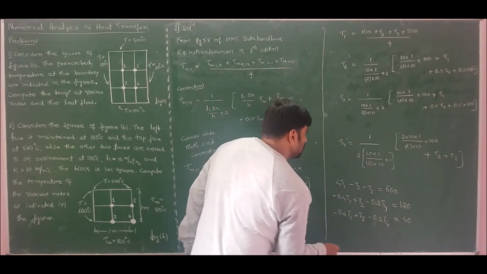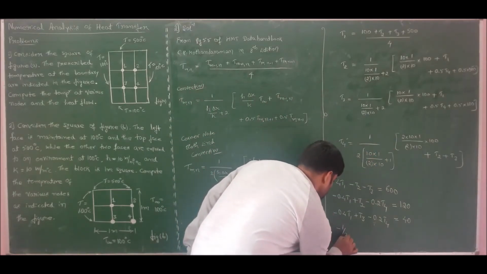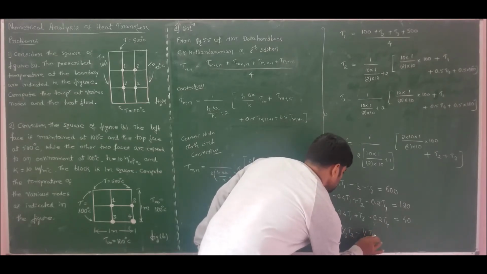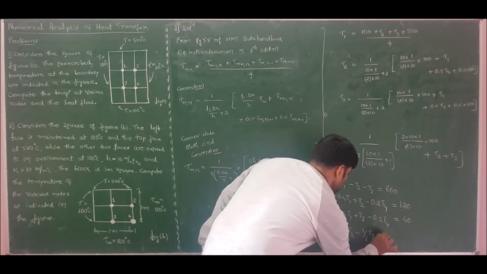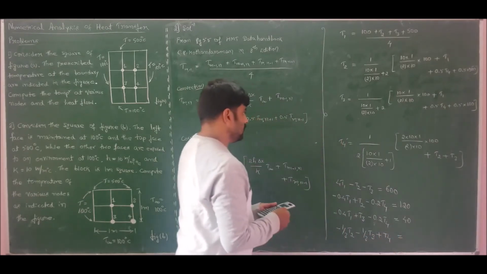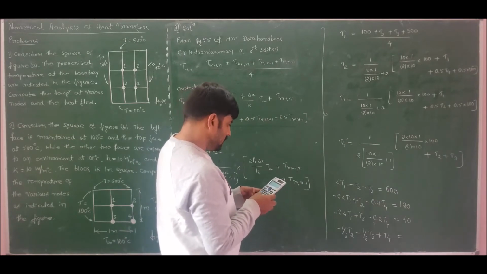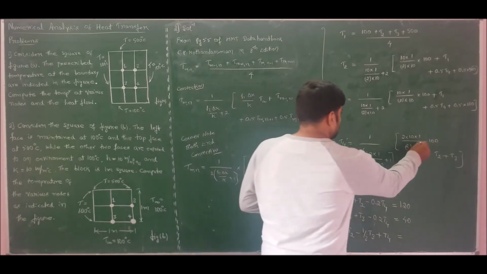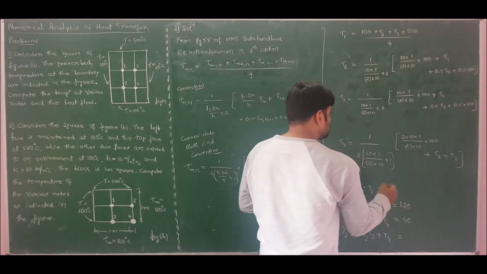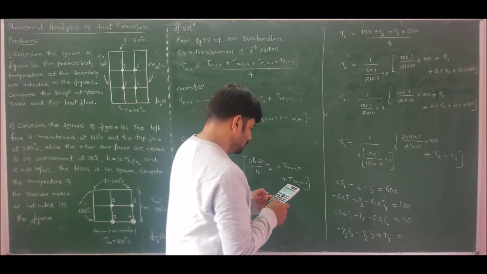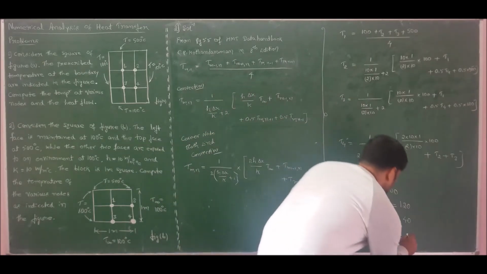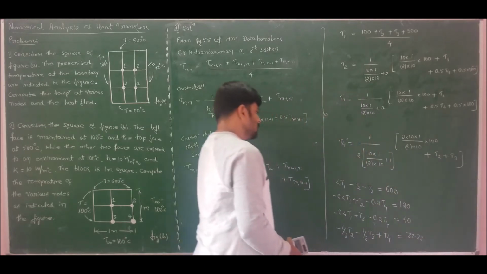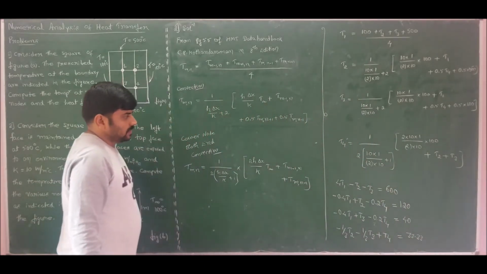So 1 by 3, if I multiply inside, I will get minus 1 by 3 T2 minus 1 by 3 T3 plus T4 is equal to 1 by 3 into 100. 10 will get cancelled, 2 will get cancelled, 1 by 3 into 100, which is 33.33. So this is the formulation for this problem.